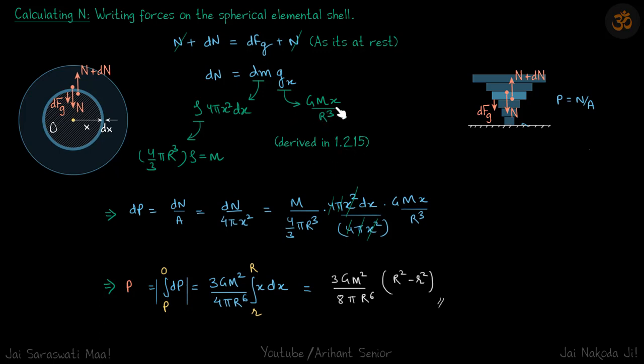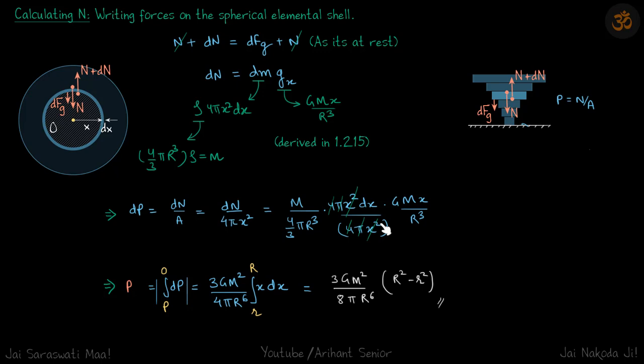So at a distance x, g is given by GMx by R cube. We put these values, and that will give us dN. We need pressure. So dP, as discussed, is dN upon A. We'll put the value of dN here and we'll simplify.